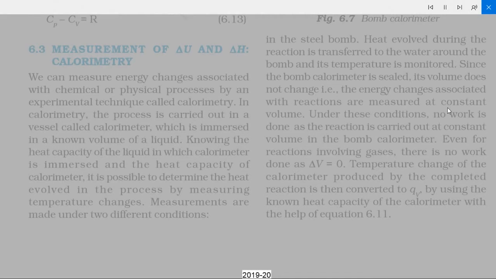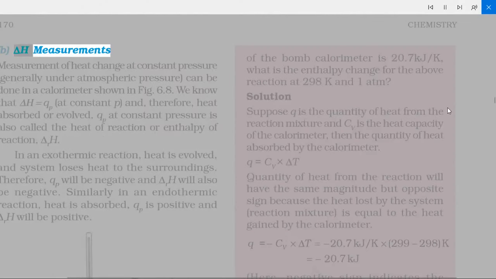ΔH measurements. Measurement of heat change at constant pressure, generally under atmospheric pressure, can be done in a calorimeter shown in Fig. 6.8. We know that ΔH = qp at constant p, and therefore heat absorbed or evolved, qp, at constant pressure is also called the heat of reaction or enthalpy of reaction, ΔrH.